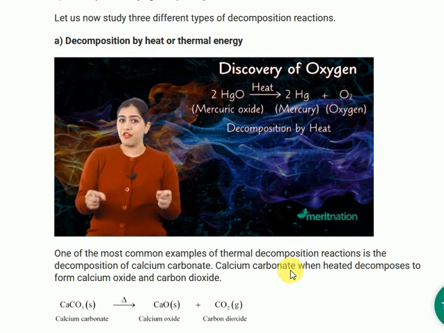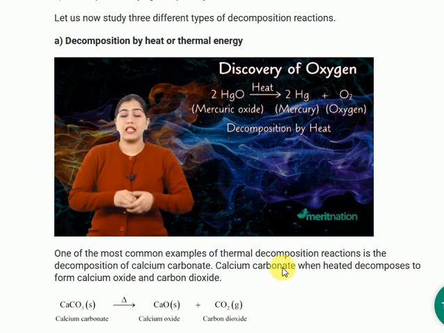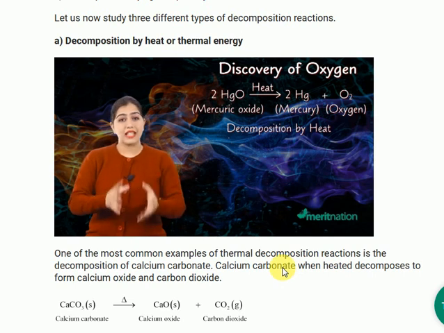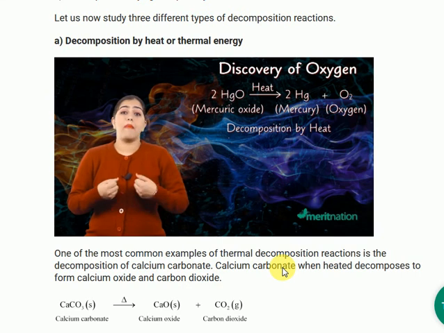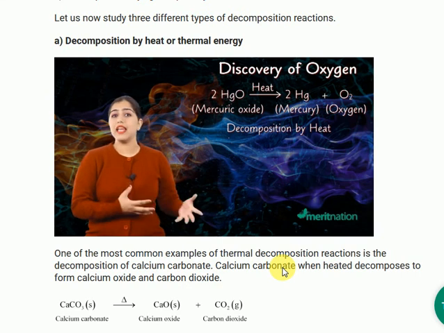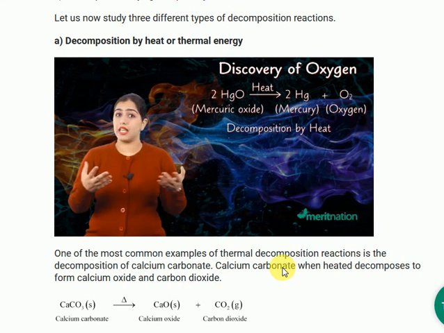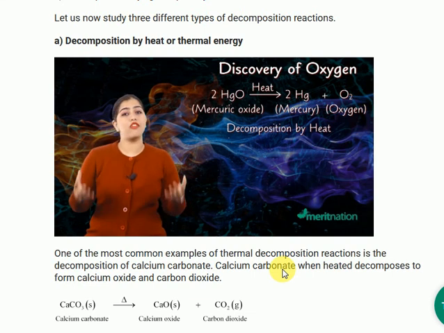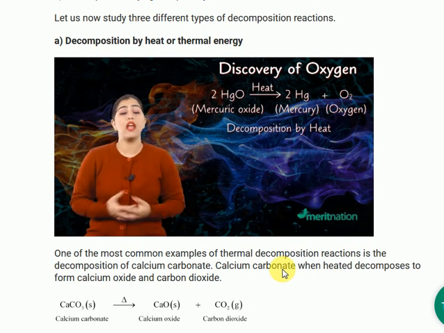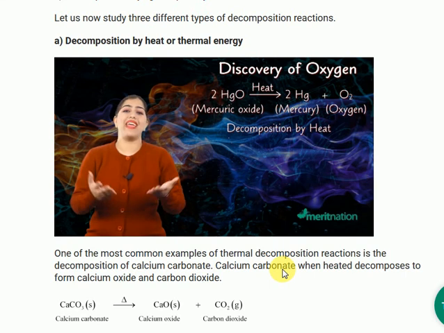So if you remember that in the previous video we had discussed that decomposition reaction are driven by an energy source. In this case, the energy source was heat. So on the basis of the energy source, we have the first type of decomposition reaction that is known by decomposition by heat.